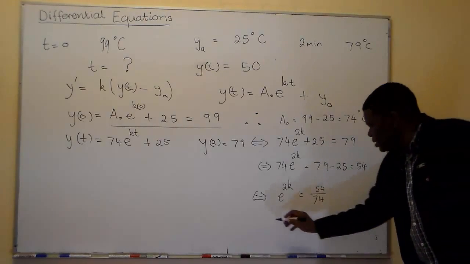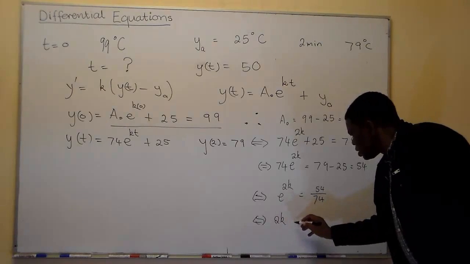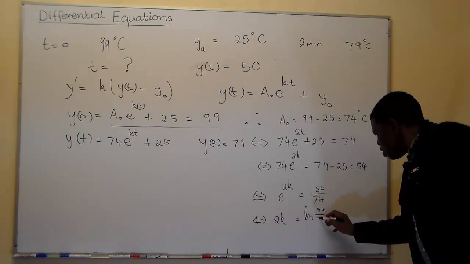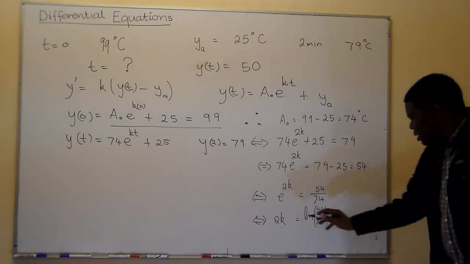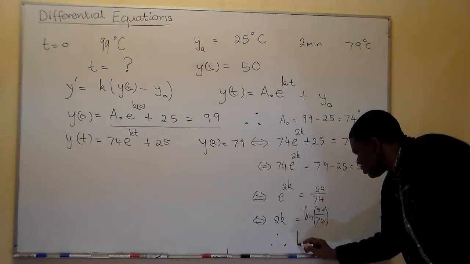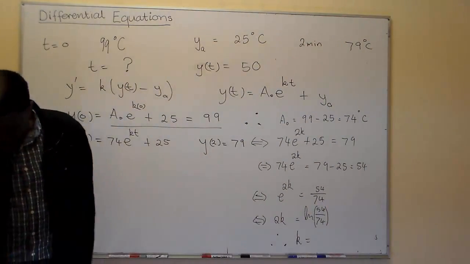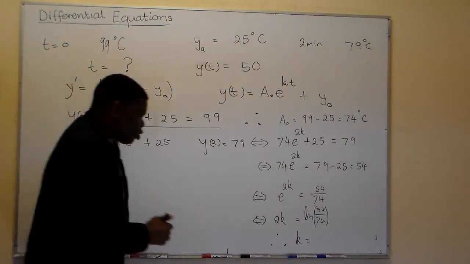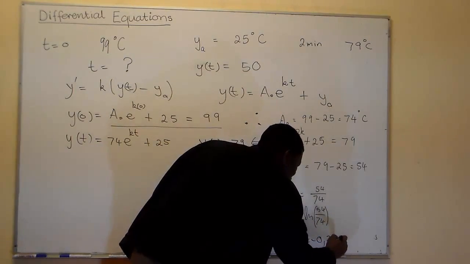Now applying ln on both sides, we get that 2k is equal to ln of 54 over 74, and dividing both sides by 2, we get that k is equal to minus 0.26.